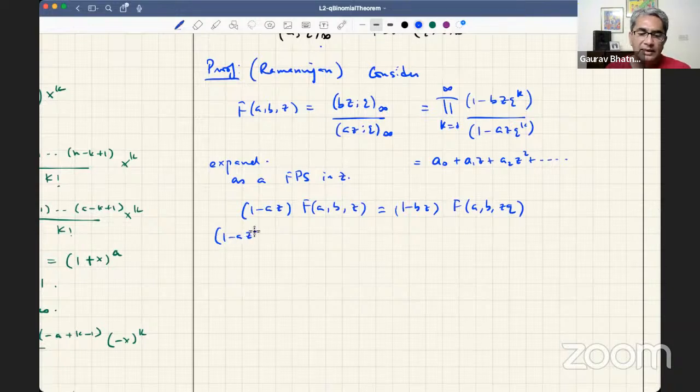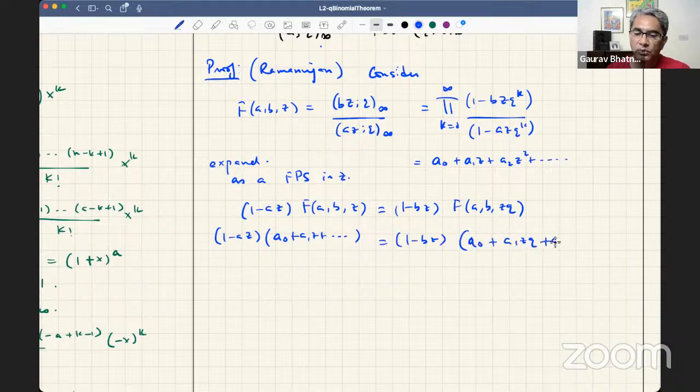So 1 minus az times this power series, 1 plus a1 z plus and so on, is equal to 1 minus bz times a0 plus a1 zq plus a2 z squared q squared plus and so on.